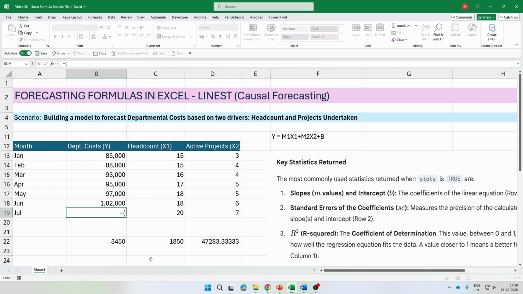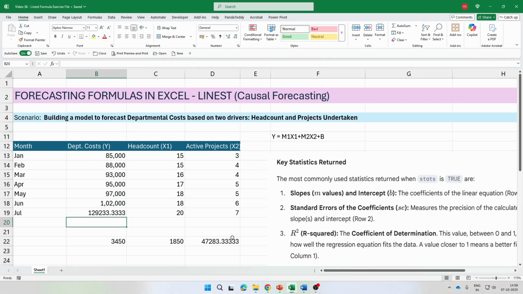Equal to this value, which is my m1 into x1 plus m2 into x2 plus my constant, the b. So when I hit enter, that is my prediction.